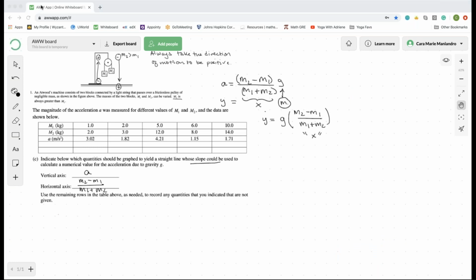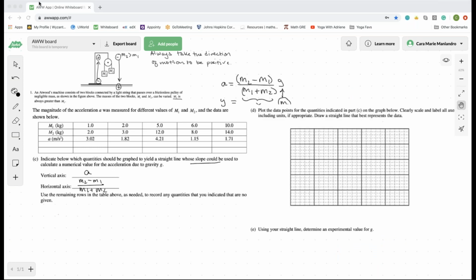All right, so what we'll do here is just plot the points. I'm going to use A and then M2 minus M1 over M1 plus M2, and get these quantities.